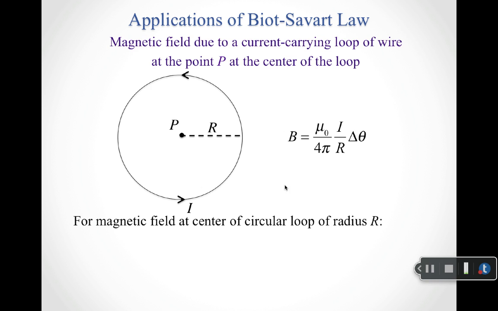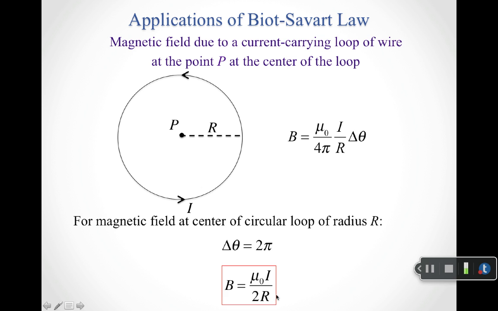The case we'll use this in most often is the situation where we've got a magnetic field around a current carrying loop, so a full circle. If we've got a full circle, then delta theta happens to be 2 pi. So when we plug in our 2 pi, if I've got 2 pi up here and 4 pi down there, that's going to cancel the pi's and leave me with a 2 on the bottom.